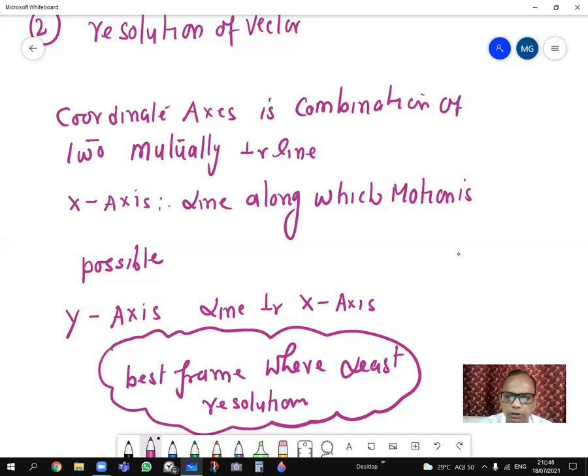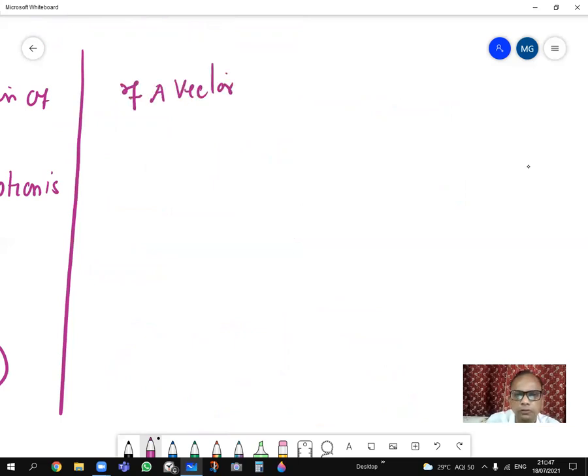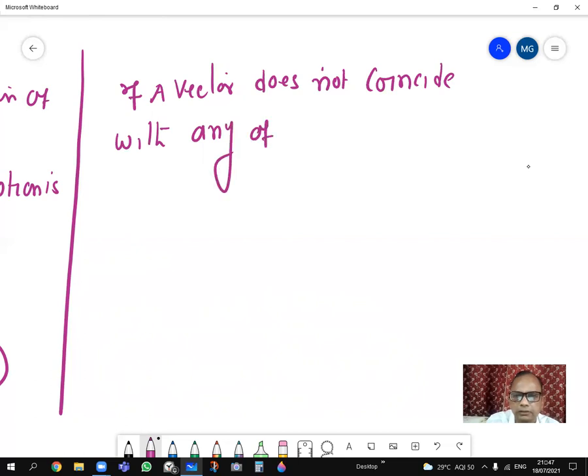Second is resolution. So when to resolve a vector? Clear? So resolution comes into the picture if a vector does not coincide with any of axes, must resolve.